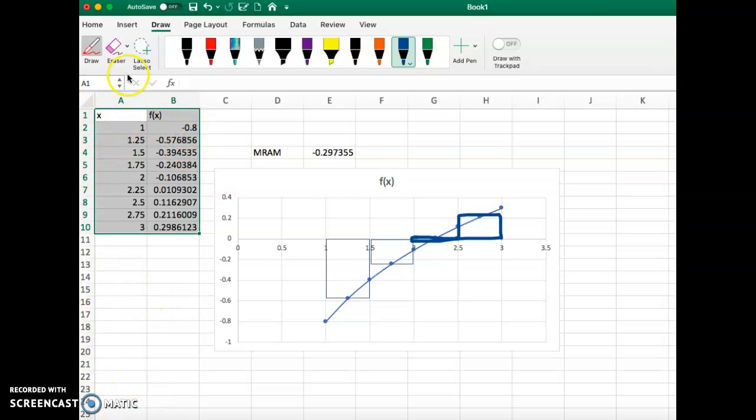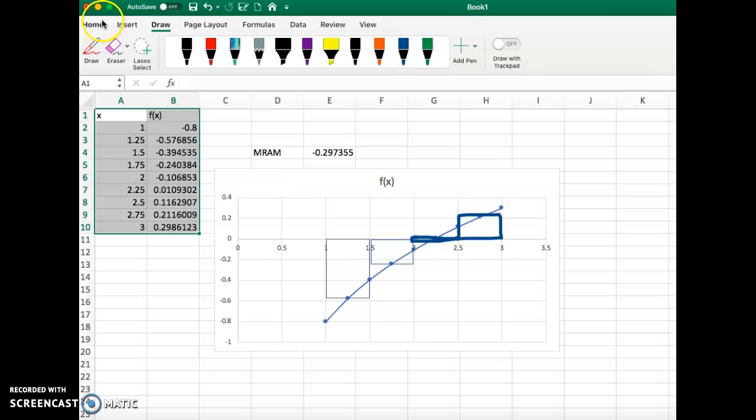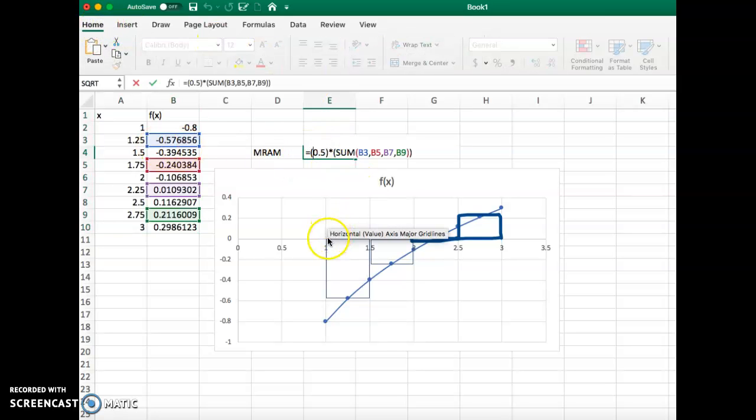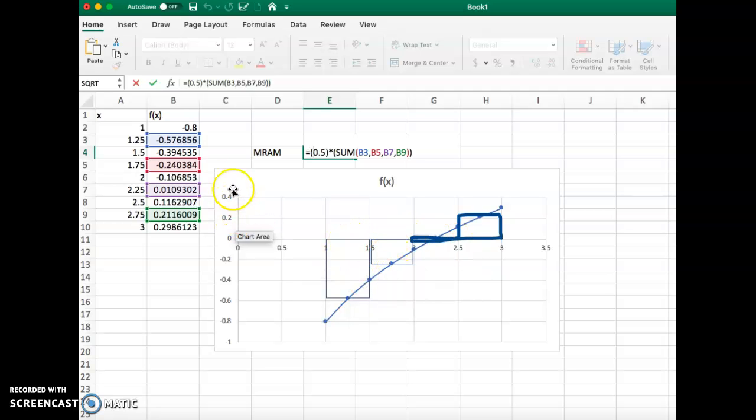So how do we figure out the MRAM? Well, the MRAM is going to be equal to the width of each one of these, which is 0.5, still a half, but then the length of each is the value of the function at the 0.25 marks.